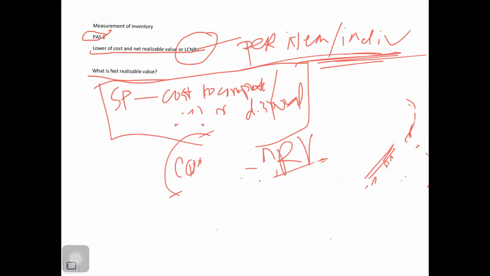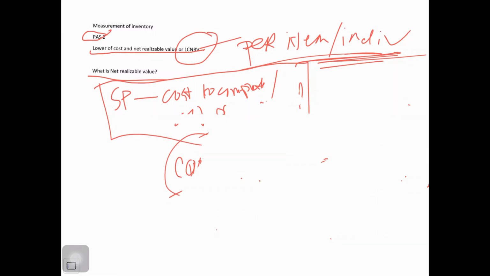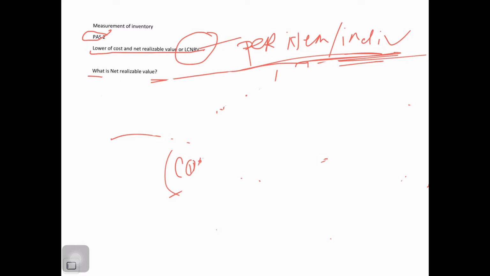Guys, there are also two methods of recording the LCNRV. The one earlier, where you have an allowance on inventory write-down, that was the allowance method. And the second method, guys, is the direct method, where you do not recognize a separate account for the loss or the allowance. The difference between the NRV and the cost does not matter; whichever of the two is lower is what you record on your balance sheet or in your entry.